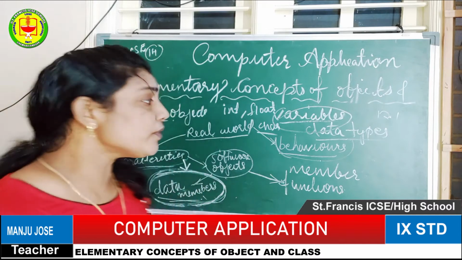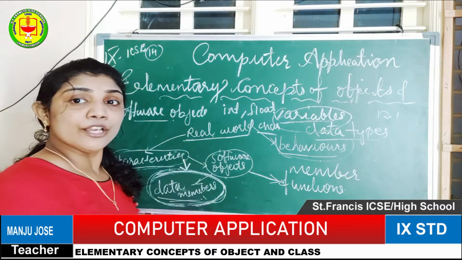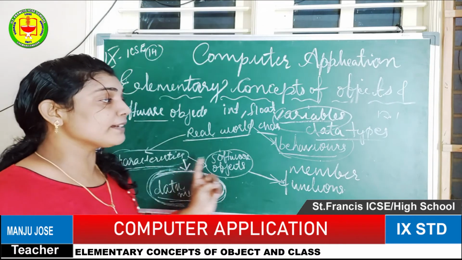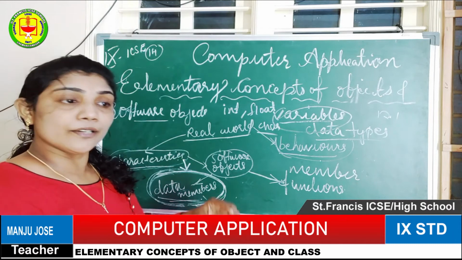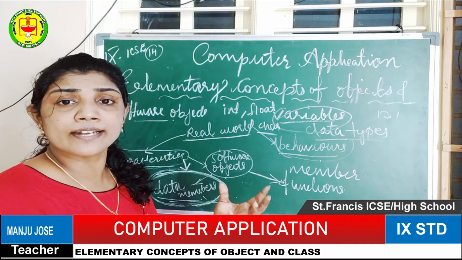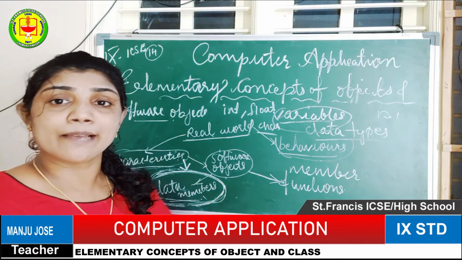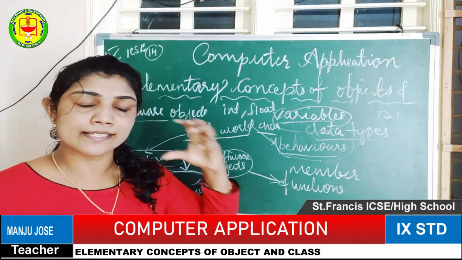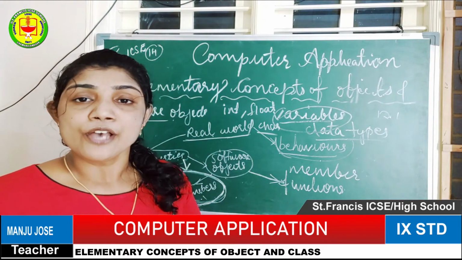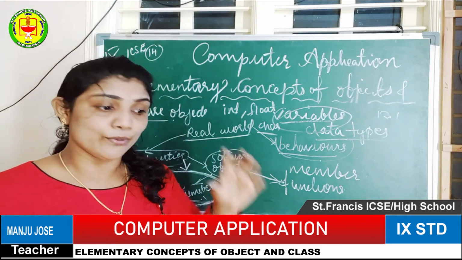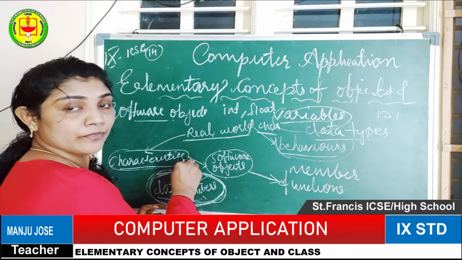So we can conclude with the real world object and the software object. The real world object has two things: characteristics and behavior. Characteristics means the supportive things we use to get an action. For example, the mobile phone we already explained has different kinds of applications and features, like Bluetooth. These are considered characteristics.